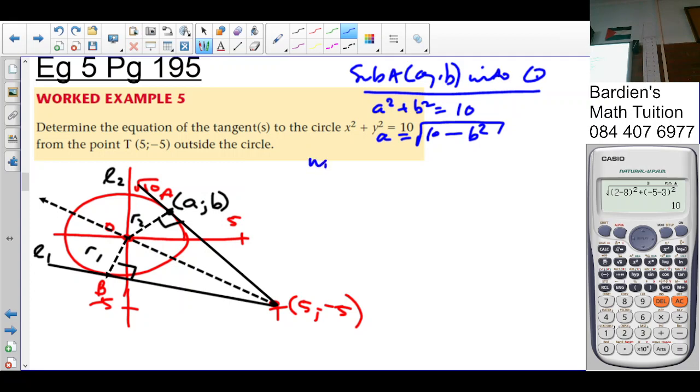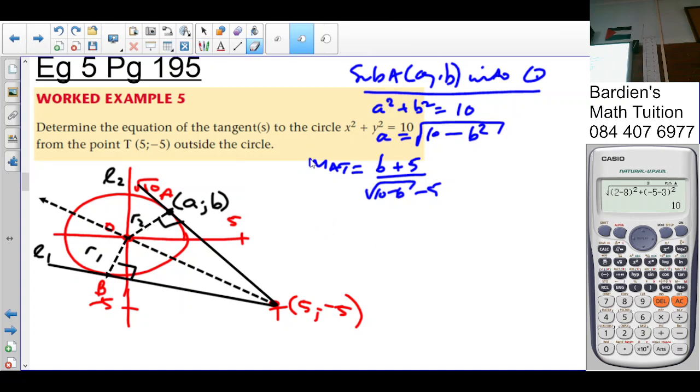If you work out the gradient of AT, the gradient of AT is going to be B minus 5, which is plus 5, over A, which is the root of 10 minus B minus 5. Then the gradient of R2, which is OA.